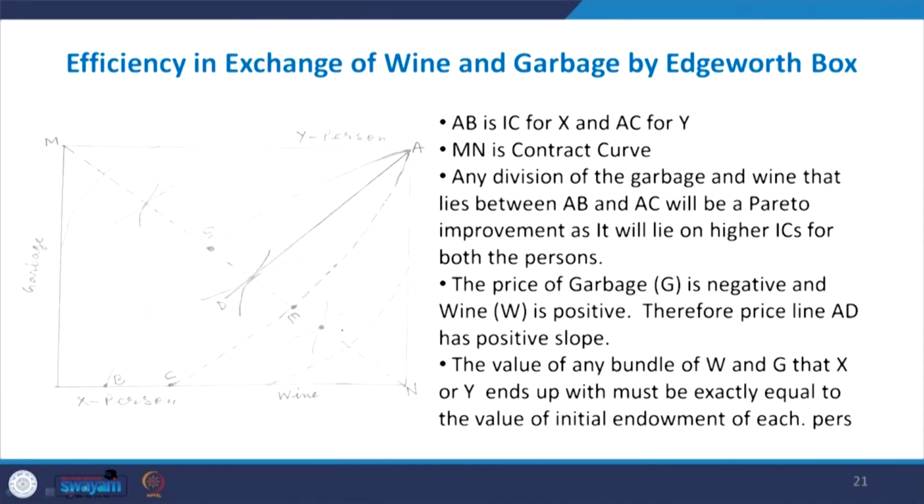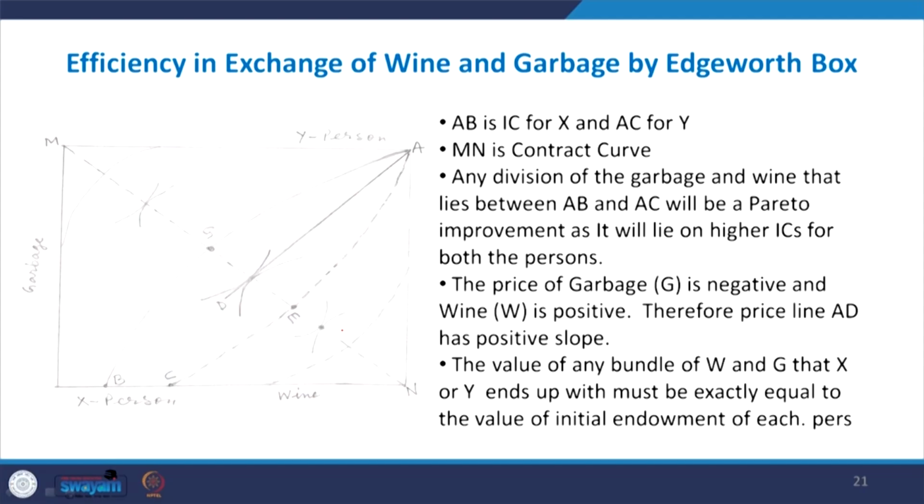So, the initial factor endowments are at point A, and person X's indifference curve is AB, person Y's indifference curve is AC, and the area between A, B, C is actually the pie, which can be distributed between the two depending upon their bargaining power.